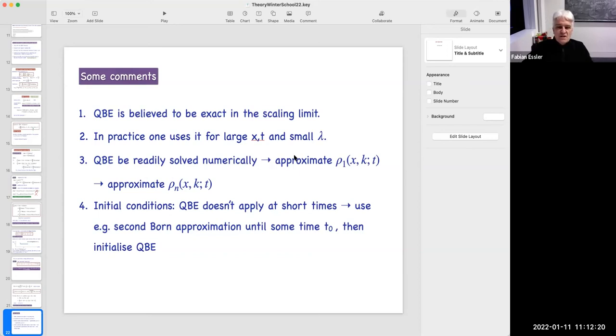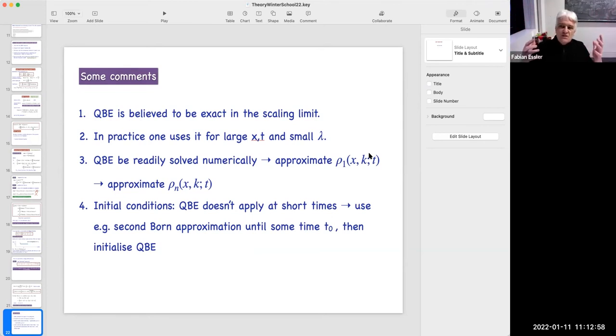If you use it in this large x, large t, small lambda limit, it gives you an approximate value for this Wigner function, and therefore the first reduced density matrix. And because you have made the assumption that the second and third reduced density matrices don't have connected pieces, so they are given just in terms of this one, it gives you basically all of these reduced density matrices.